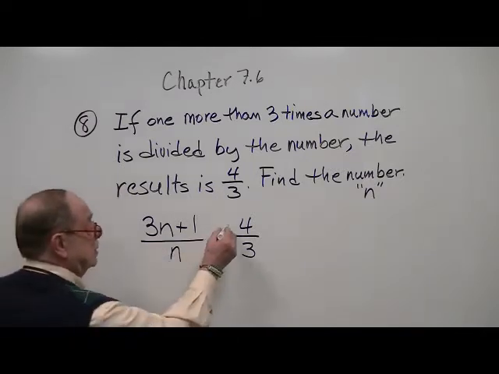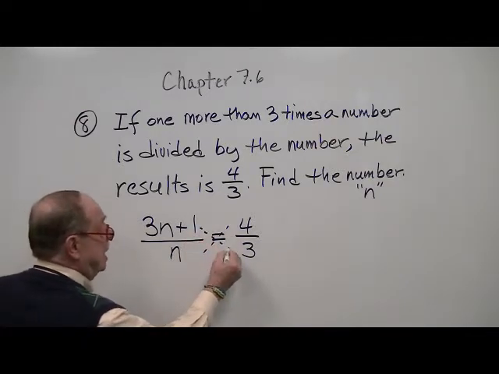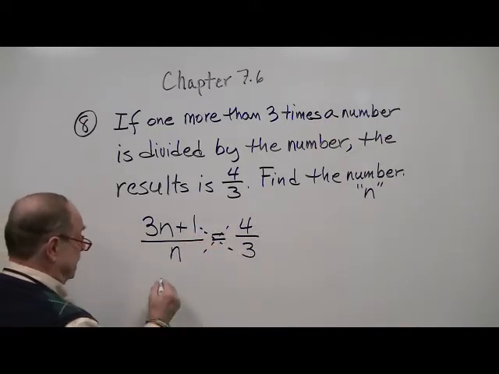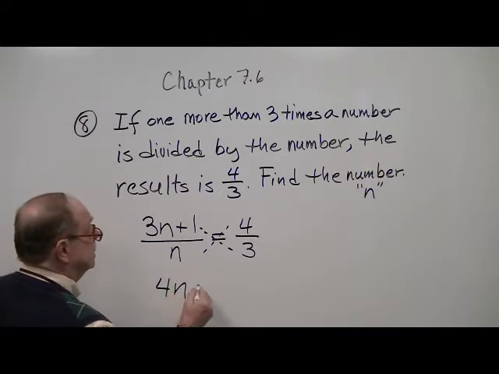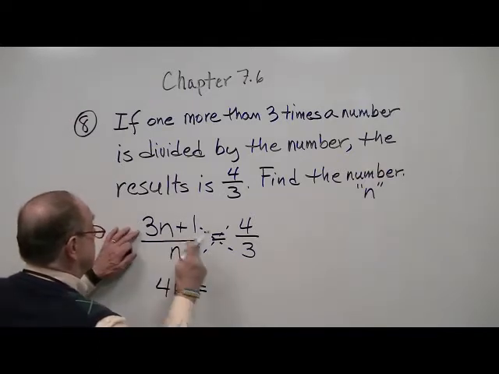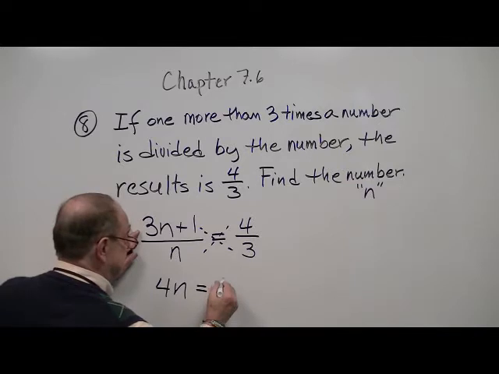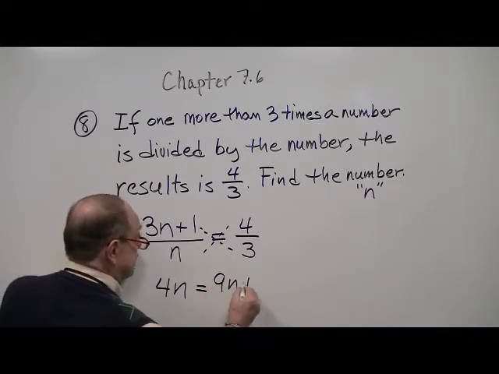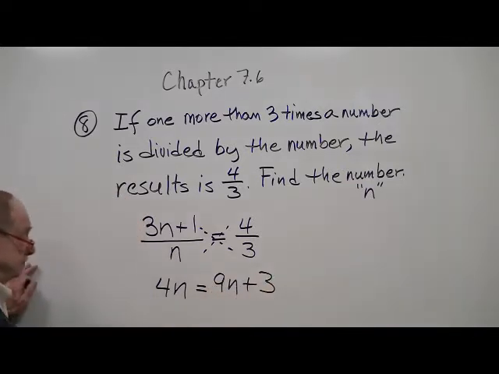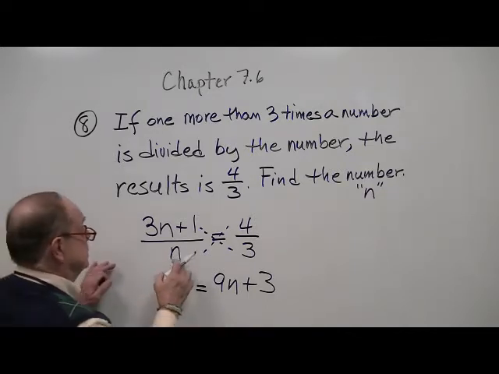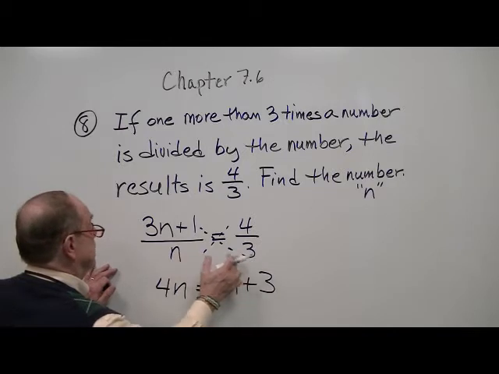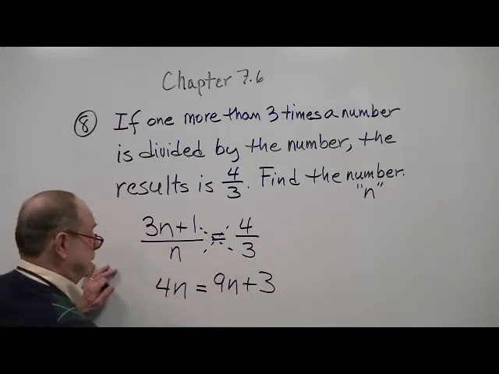So here we're going to still cross multiply, and we get 4n equals 3 times 3n is 9n plus 3. So 4n, that looks good.